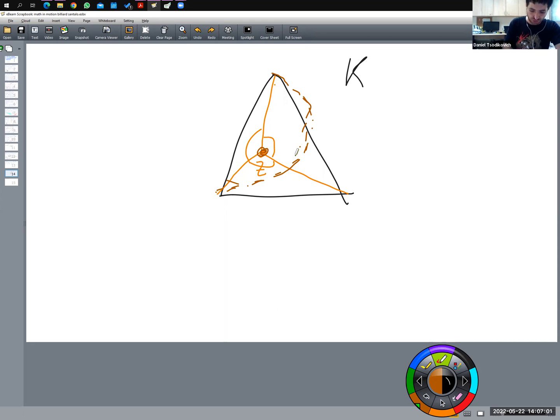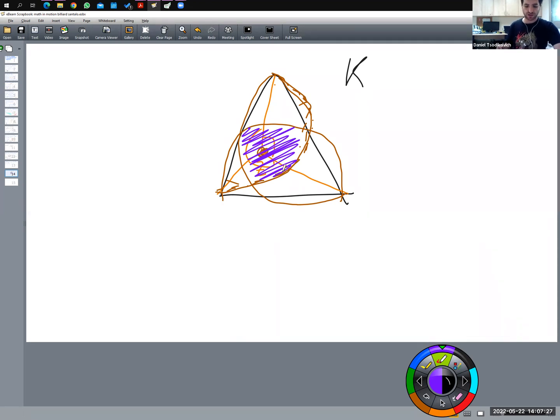So this means that we need to draw these three semicircles based around the edges of K. And we need to consider only this domain. So the point Z must be inside this domain for KZ to be an acute triangle.